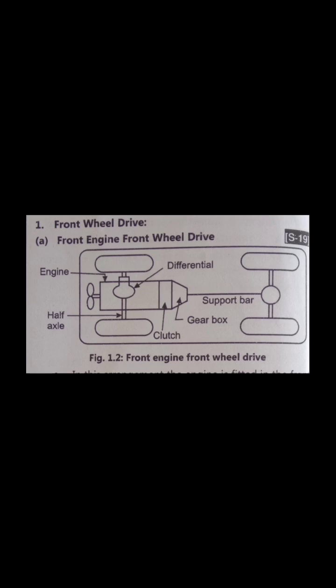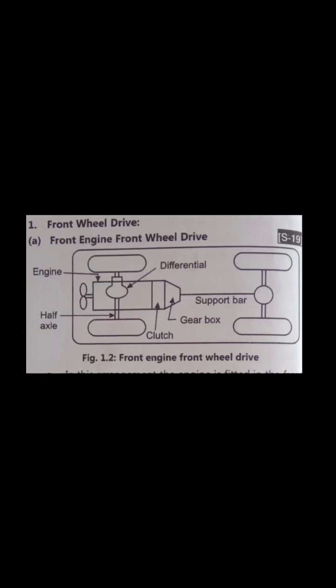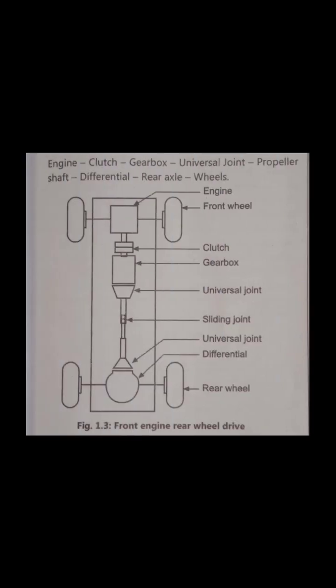Dear students, now the second one is front engine rear wheel drive. Here the engine is placed at the front side, as in the previous case, but the drive is given to the rear axle.